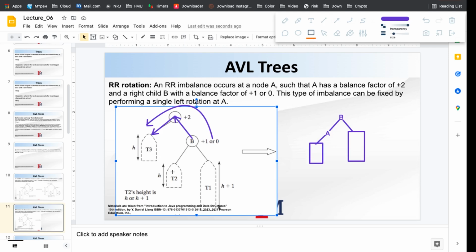And now T2 has to be somewhere in between. It used to be on the left from B, and that's how it's supposed to stay. So it's going to be on the left from B, and on the right from A, so it's going to be here.